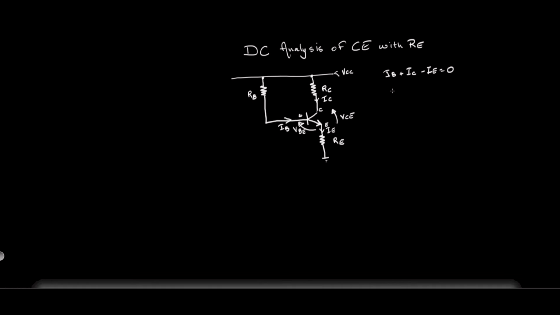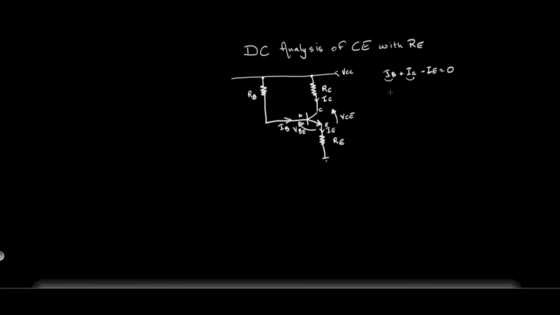Okay? Now, notice here that I have 3 unknowns, but I can actually reduce this to a point where if I'm looking for IB or IC or IE, I at least know the relationship between these two. Okay, so let me just write it up in here on the side.